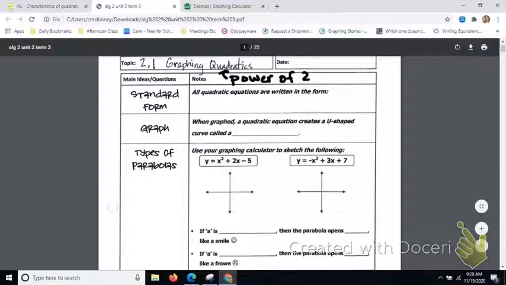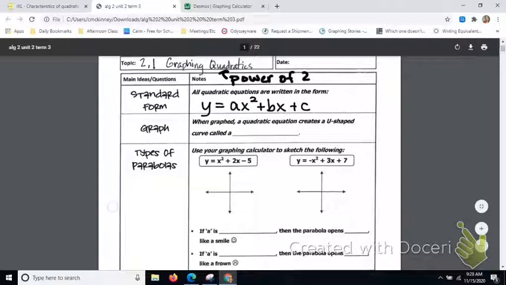So all quadratic expressions or quadratic equations are going to be written in this form: ax squared plus bx plus c. And we've even looked at that a little bit while we were doing factoring. And when we talked about multiplying a times c, that's where a and c come from.